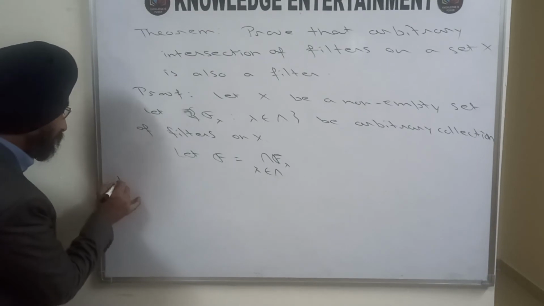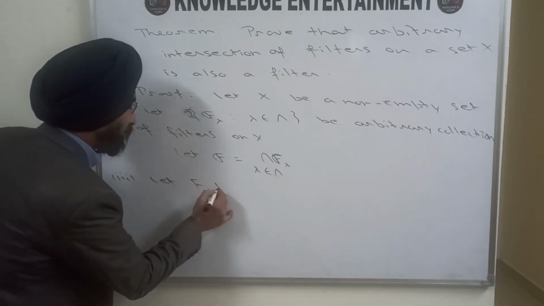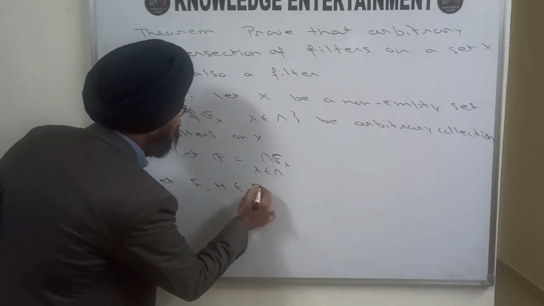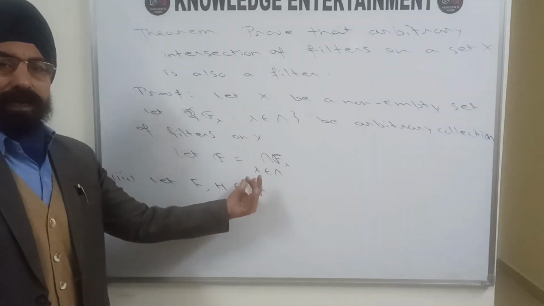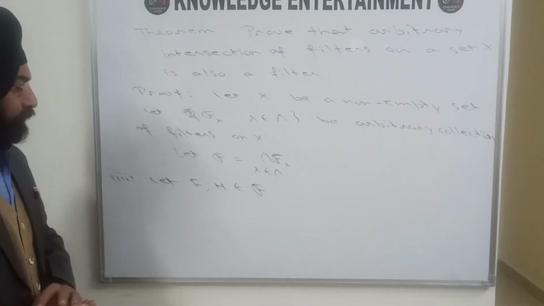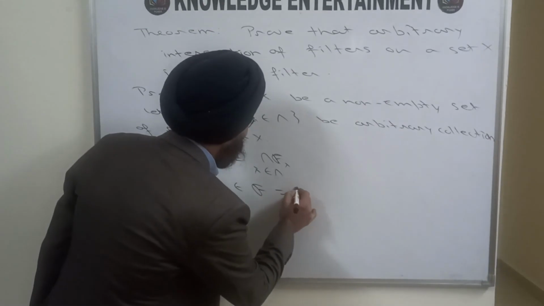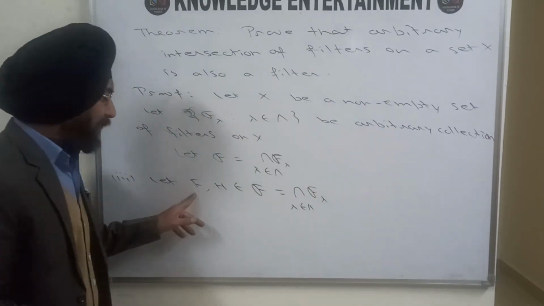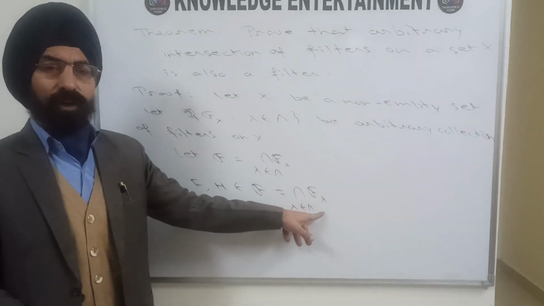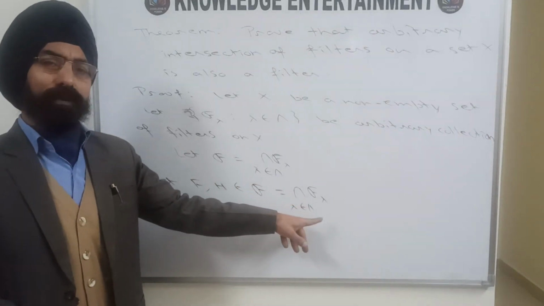So third condition: let F and H be two members of this intersection of F_λ, where λ belongs to that particular family. Now F and H belong to this F, and what this F is, this is the intersection of F_λ. Now F and H are in the intersection of this arbitrary family, so that means F and H are in every member of the family.